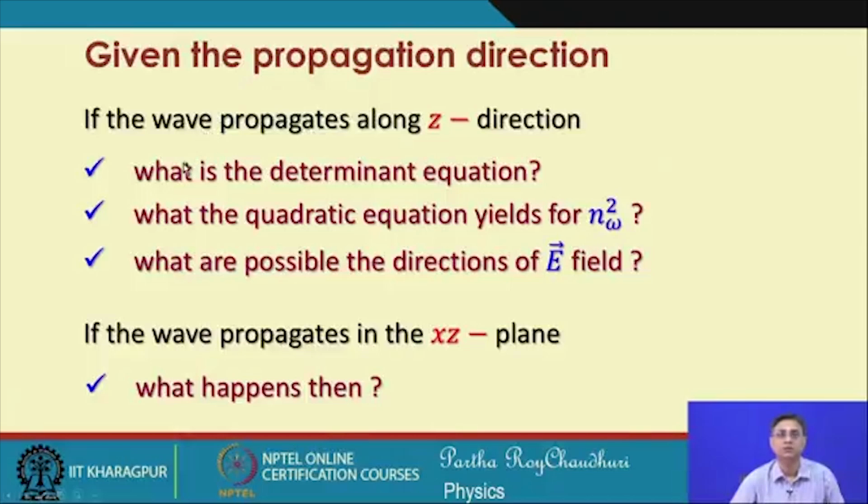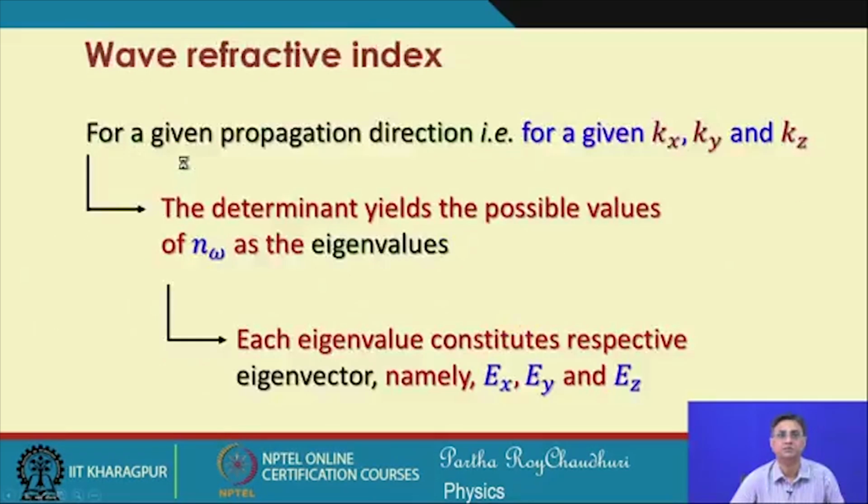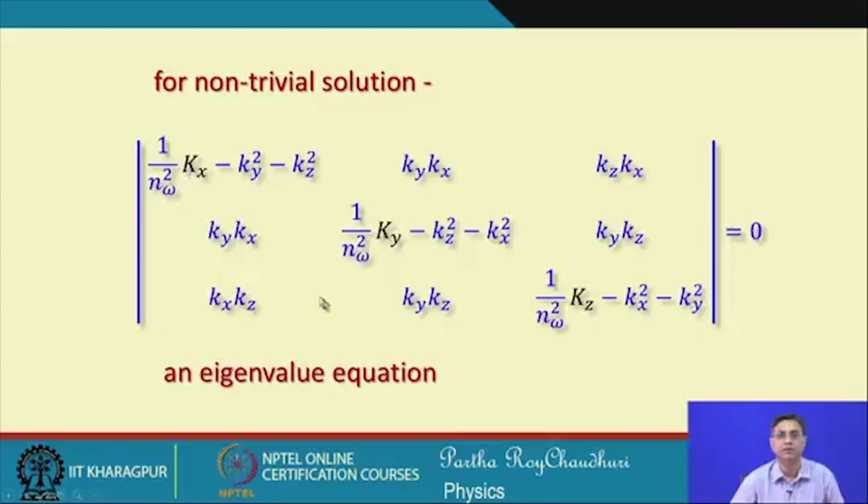then with this determinant equation we should be able to obtain the n omega values, because this characteristic equation, the eigenvalue equation, should tell me that there will be two n omega values, two wave refractive indices associated with any direction of propagation of the electromagnetic waves in the medium.